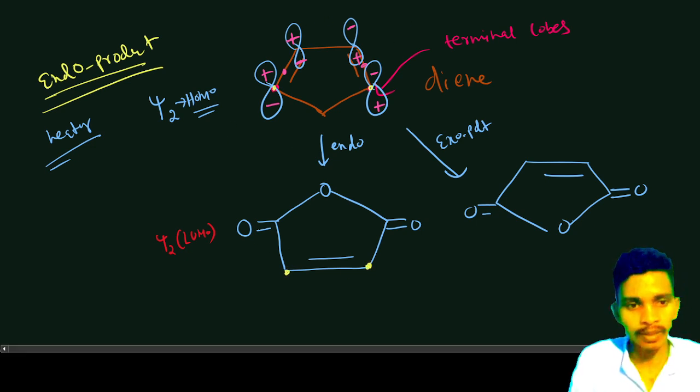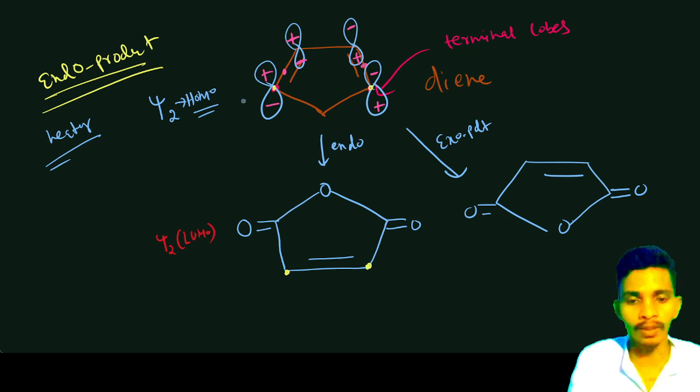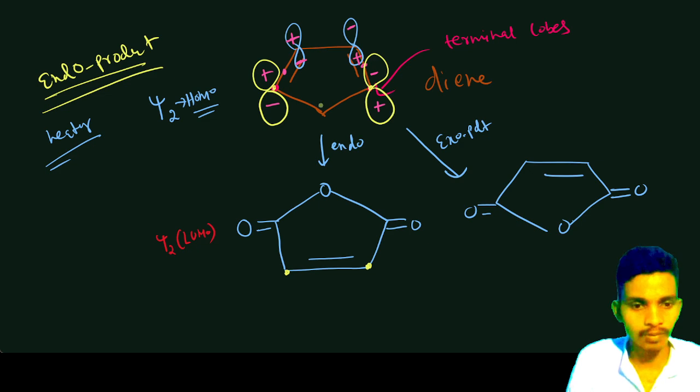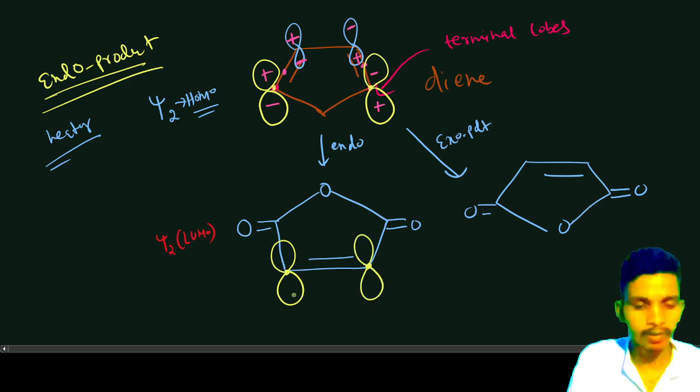First, our intention is to mark, with other colors, where the bond formations will happen. So these are where the bond will form.